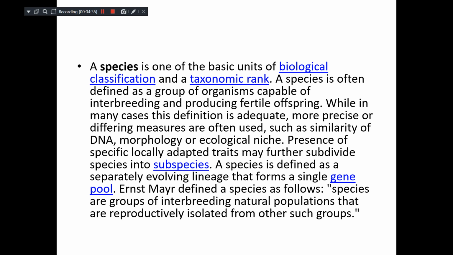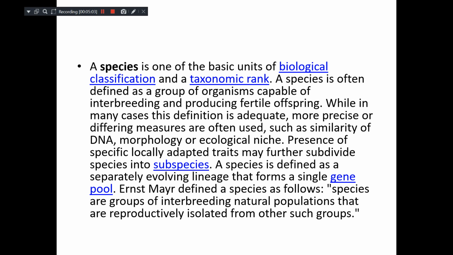But remember, this definition is not adequate. Though it encompasses the majority of the characteristic features of the species, it is not the absolute definition of a species, because more precise and differing measures are also often used to describe the species.